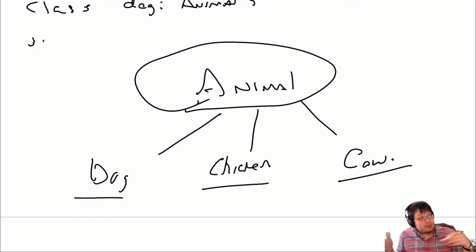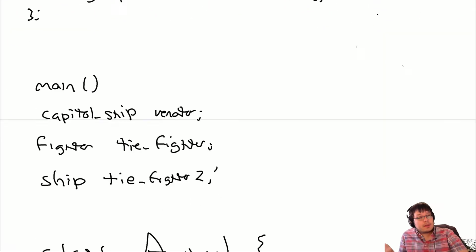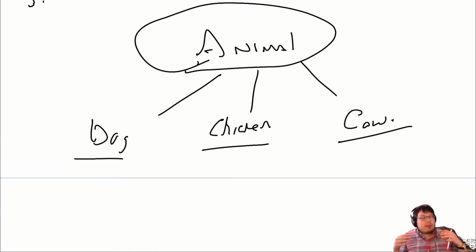So do you guys get the idea behind why we don't want something to be made of a class animal or a class ship, and why those are really only meant to be there as blueprints for the actual classes? You have an animal so that you don't have to put all the string names in the dog, the chicken, and the cow, or the same with the ship.